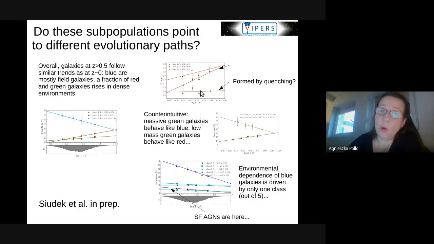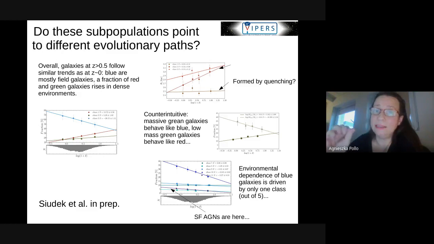But if you go more into detail, you find out that, for example, sizes and also surface densities of red galaxies for two groups rise with local density, and for one group are surprisingly stable. Then this is a real difference.